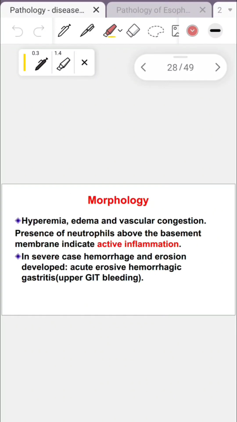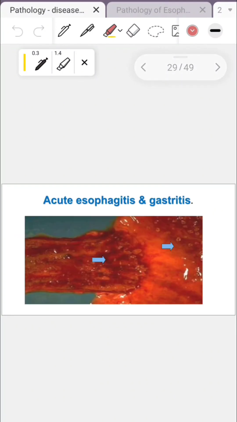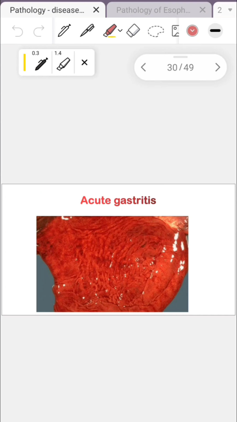خلوا بالكم، الصورة اللي شفتوها في البداية، acute esophagitis and gastritis، شو نسميها هذه؟ The inflammation here is شنو؟ local ولا diffuse؟ تمام.